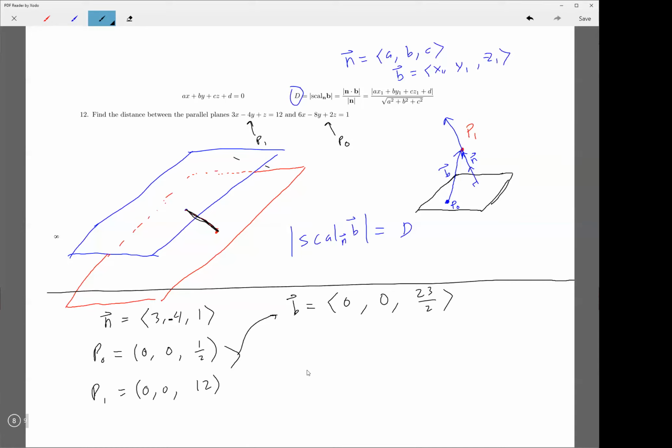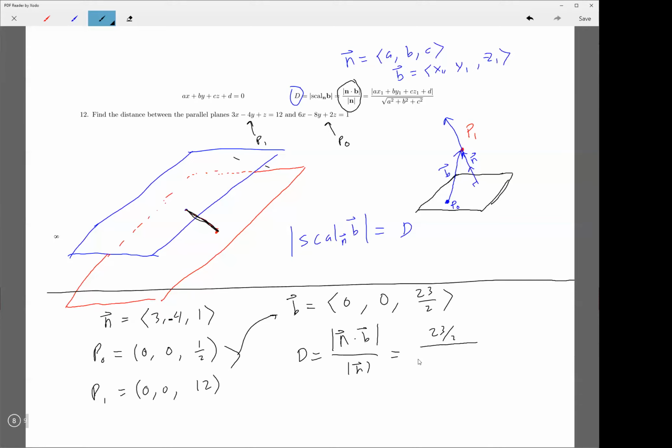And so the scalar projection, this distance, you can use this formula here. Let's see what n dot b is. The normal right here, dot product with this, is going to be 23 over 2.